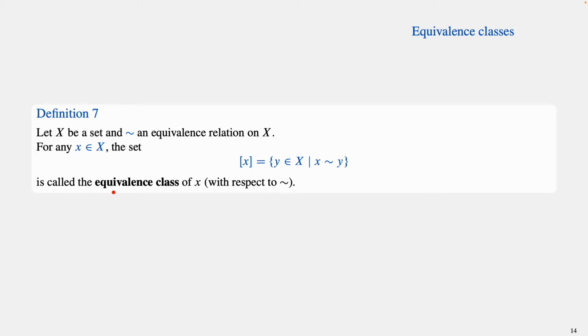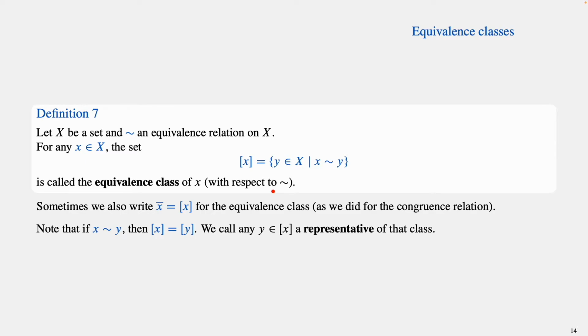And this we call the equivalence class of x with respect to this equivalence relation tilde. Usually it's clear from the context which one that is, so we don't always state it explicitly. And sometimes we also write x bar instead of bracket x because it's a bit easier to write many times.